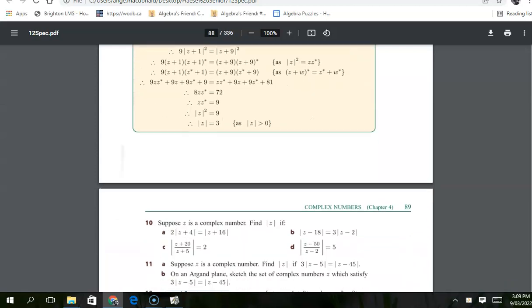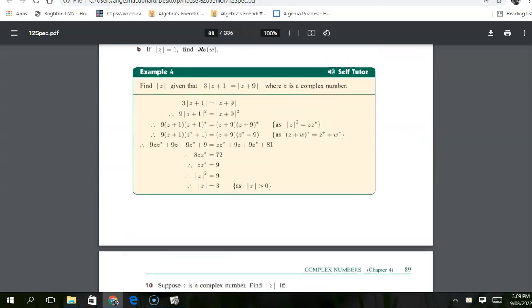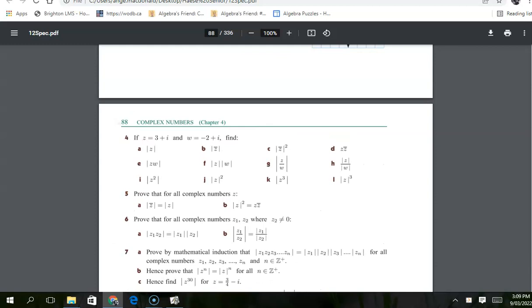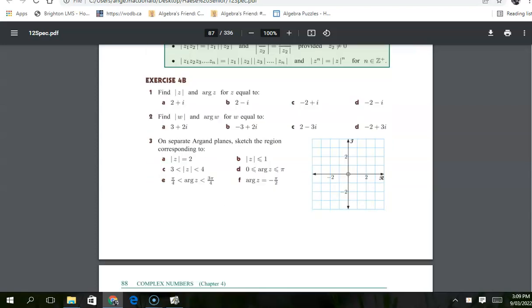It's very, very straightforward. See, that doesn't look like the example. What are you going to do? Use the rule. That's right. It says the modulus of z1 over z2, you can separate the modulus, and then it becomes like the example.